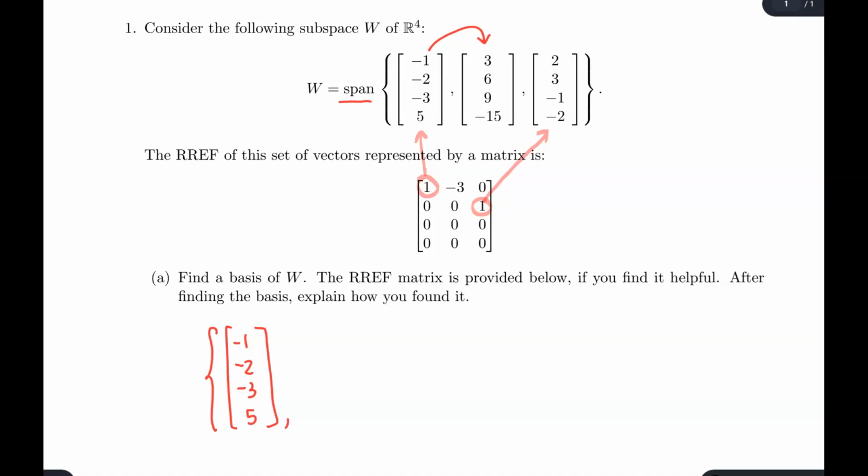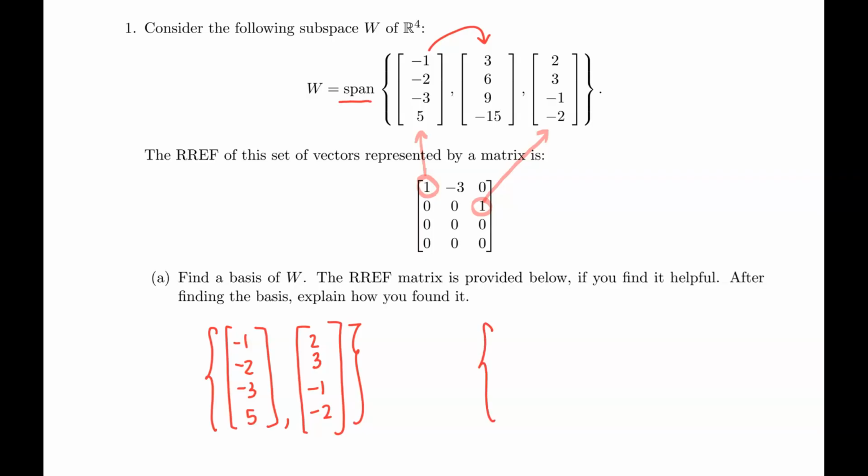So if we did it that way, we end up here: 2, 3, -1, -2. This is a basis. Now we also know the basis isn't unique, so if you decided to use that second vector instead, completely legit, completely okay. Weird, but fine, right? We could do that.